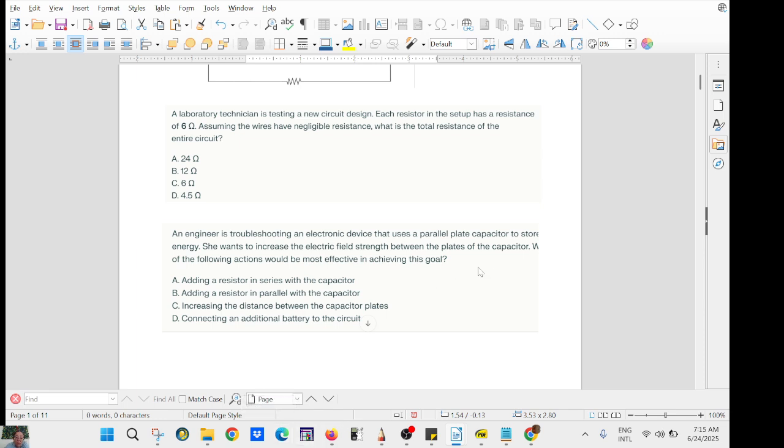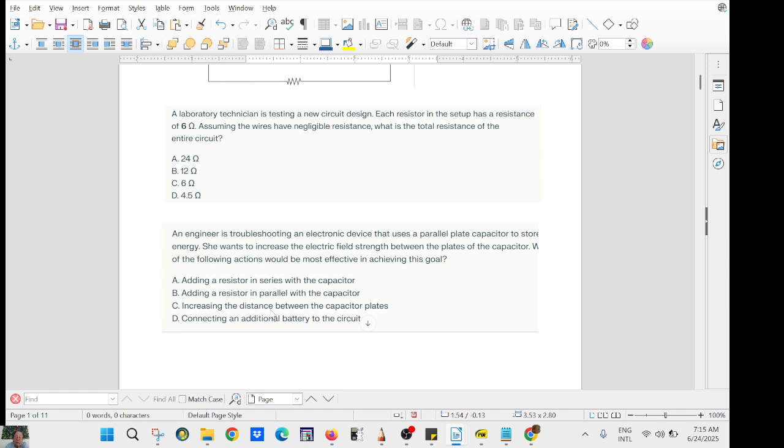So here it's about the plate capacitor, and you want to make the electric field strength between the plates of the capacitor stronger. Of course you could decrease the distance between the plates, but this is not a solution here. Adding a resistor will not do anything.